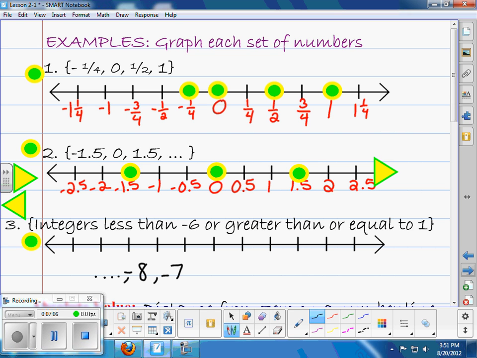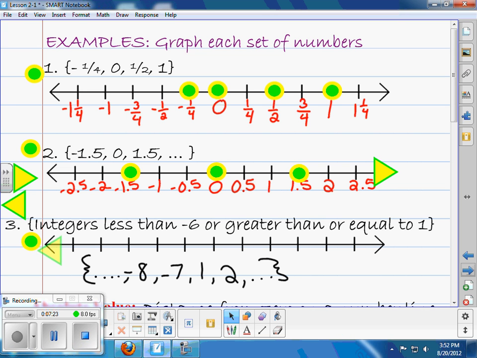Or greater than or equal to 1. 1 is greater than or equal to 1. 2 is greater than or equal to 1, and so on. So basically, they're asking us to graph this set of numbers. I'd start off with a left arrow being shaded because all of the numbers to the left of that -8 will be less than -6.